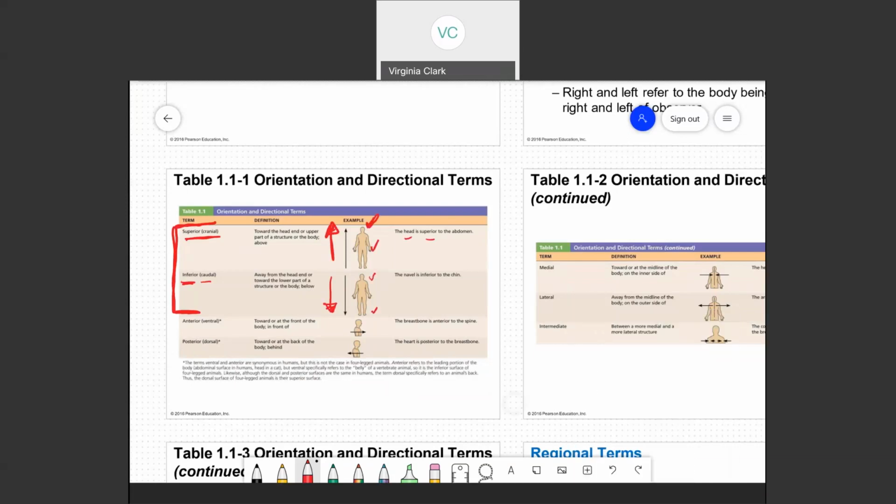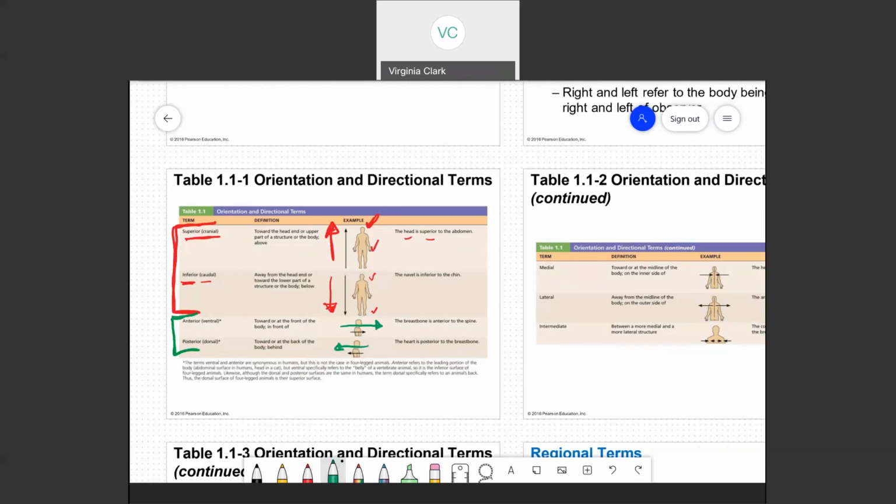That makes sense? Another two that go together are going to be anterior and posterior. These are also called ventral and dorsal. So anterior is toward the front of the body. Posterior or dorsal is towards the back.